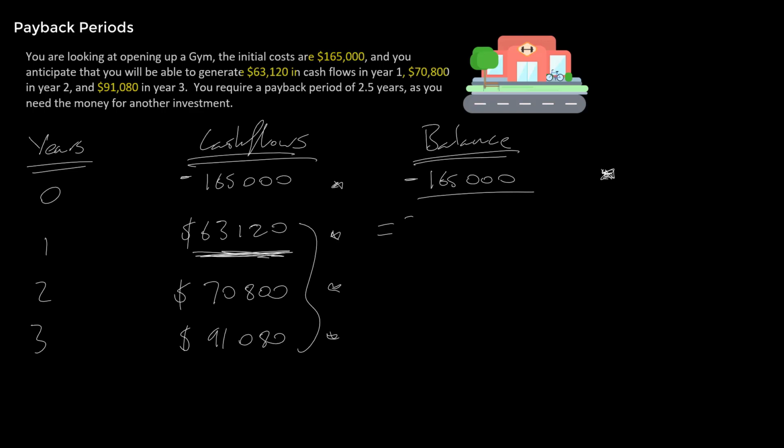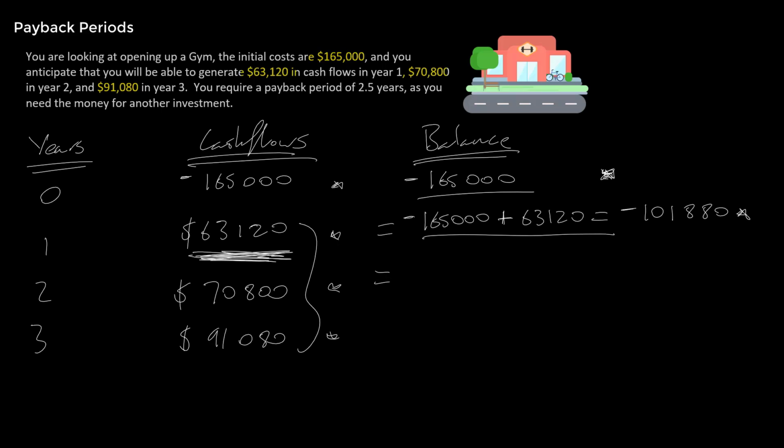So our balance is now negative $165,000 plus the cash flow that we generated in that year, which is $63,120. And if you evaluate this term here, you should get negative $101,880.